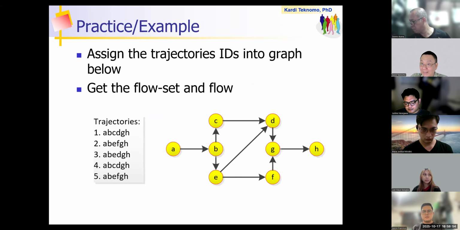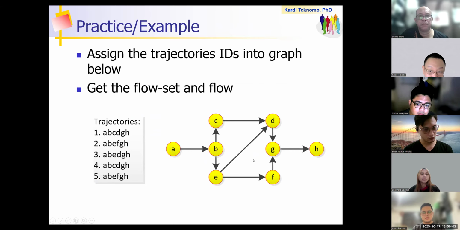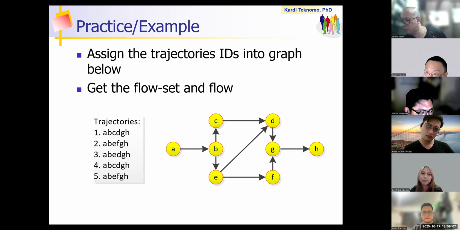Now, I have 5 trajectories, and I have the graph like this. My question is, can you assign the trajectory ID into this graph? Can you get what is called the flow set?